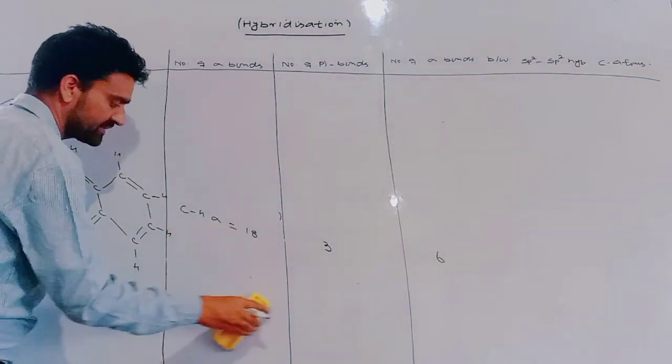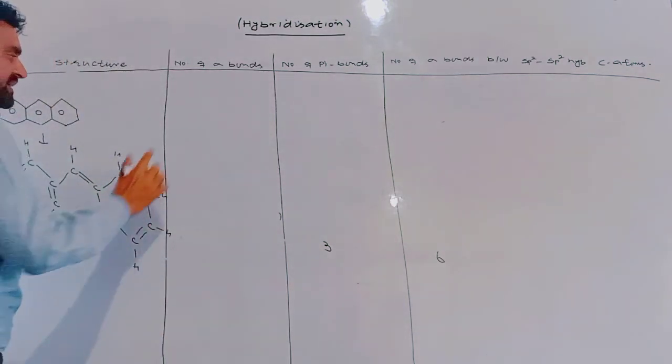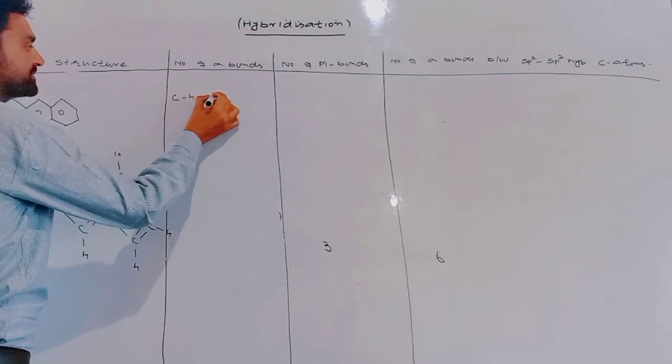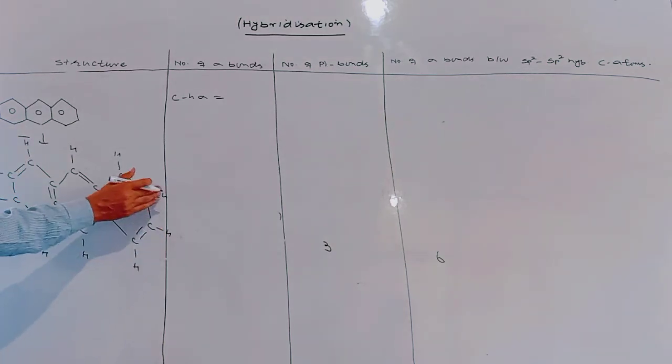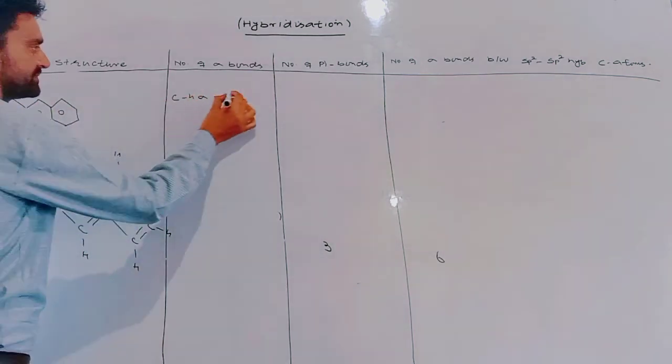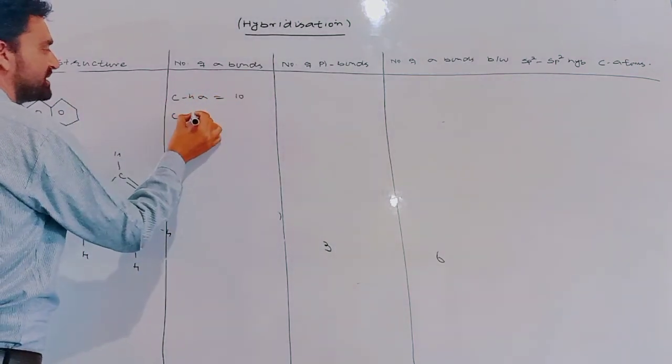Count that. First of all, how many carbon-hydrogen sigma are present? Start from this. 1, 2, 3, 4, 5, 6, 7, 8, 9, 10. How many carbon-carbon sigma are present?